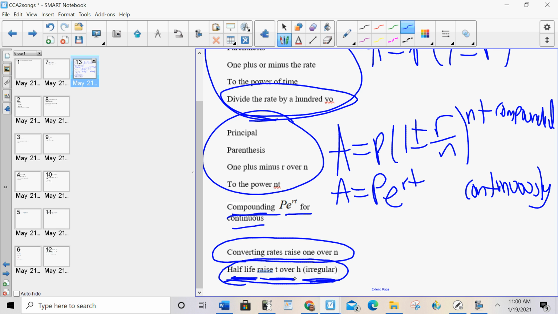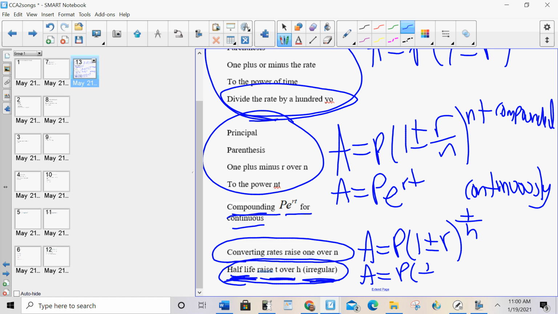We're raising to the t over h. So we're going to have our basic simple interest, but instead of to the power of t, we're going to have t over h. And half-life is something that comes up a lot. Half-life is always 1/2, because if it's being cut in half, it's decreasing by 50%. 1 minus 50% is 0.5. 0.5 is a half.